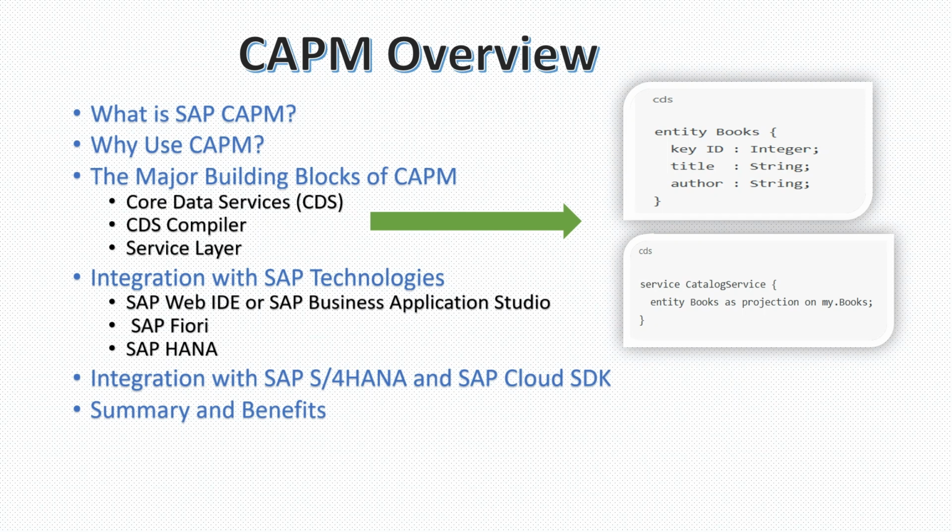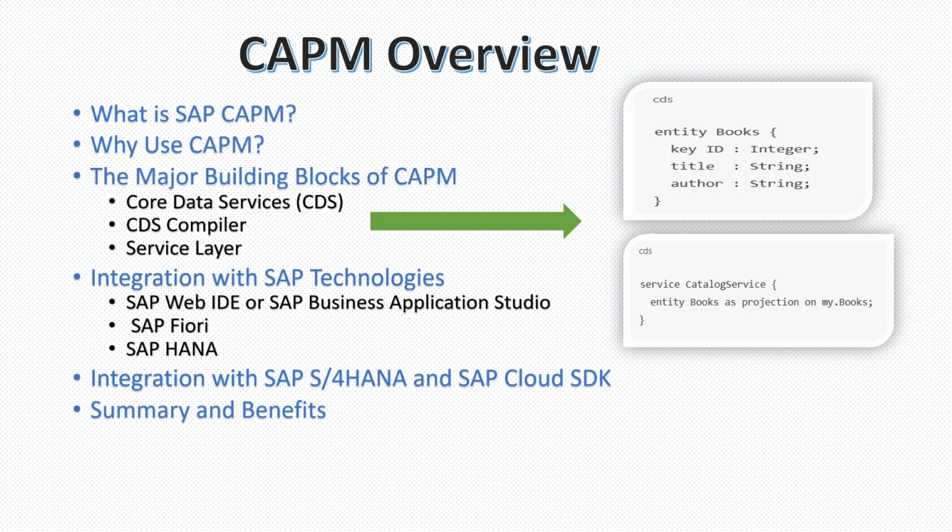So let's quickly summarize what we have learned. CAPM is actually a framework, not a product. It combines SAP and open source technologies. It's based on core data services CDS, which define your data and services. It automatically creates core data APIs using Node.js or Java. It integrates smoothly with Fiori, HANA, and S4 HANA.